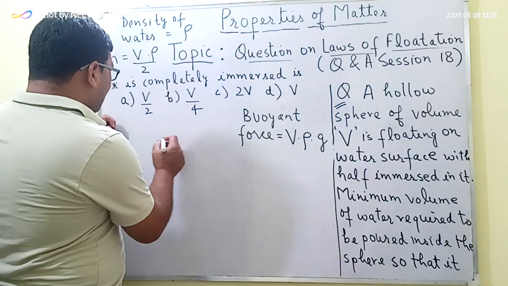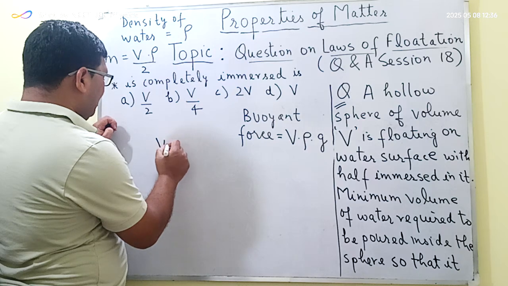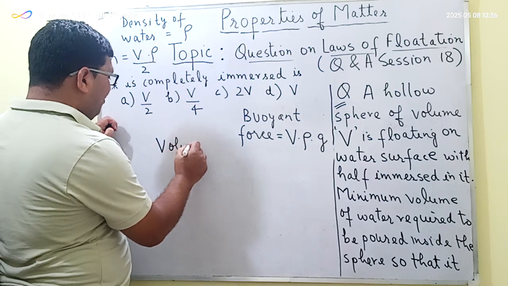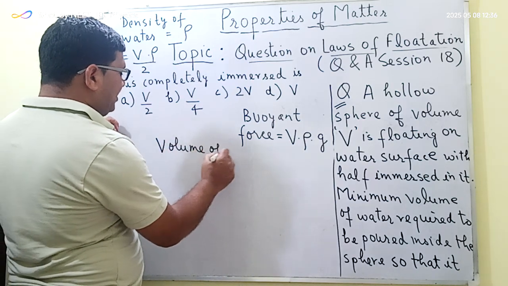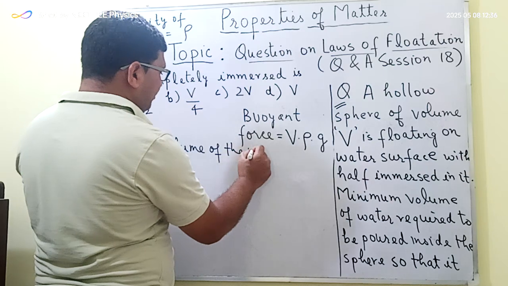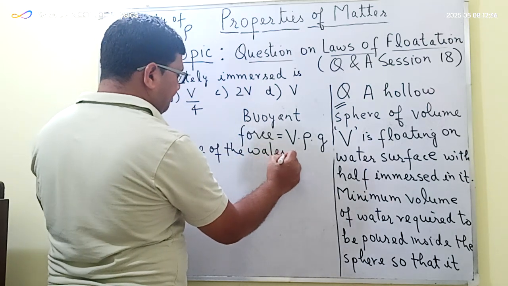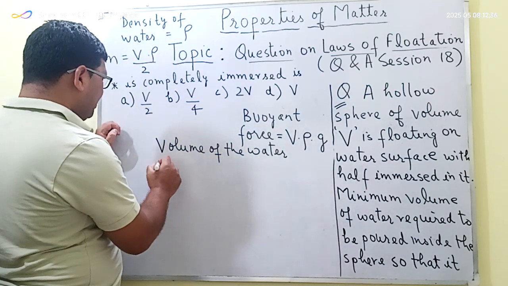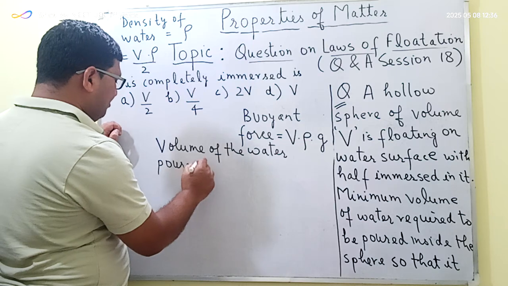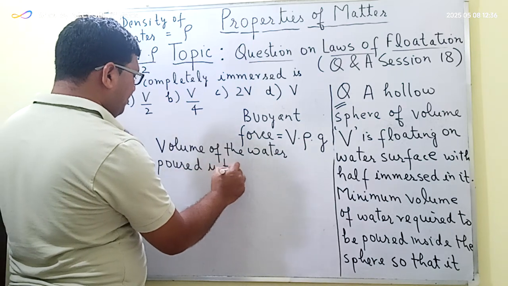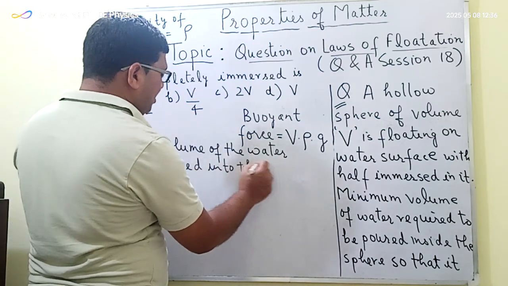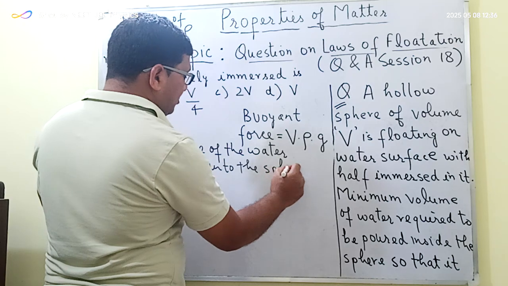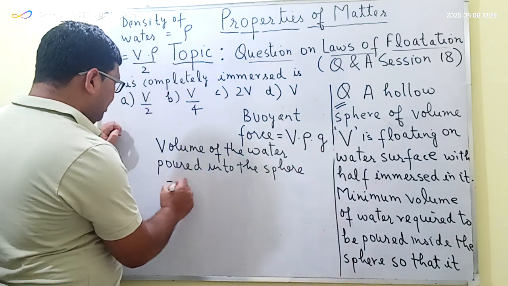Now let us consider that the volume of the water which is poured into the sphere is V dash.